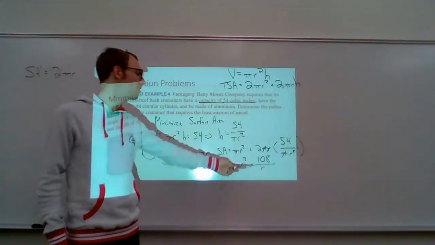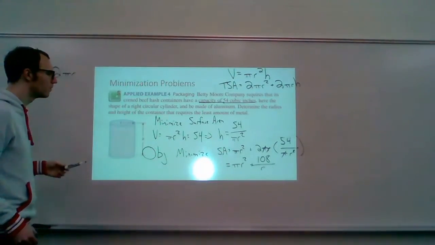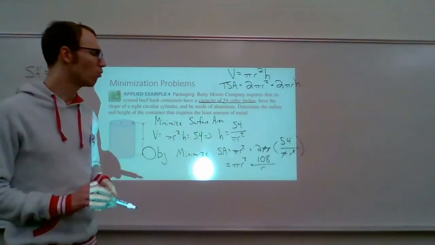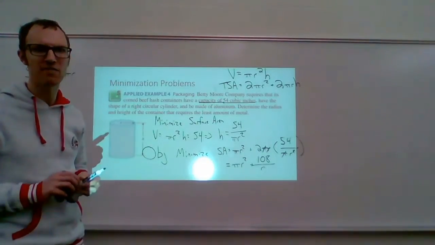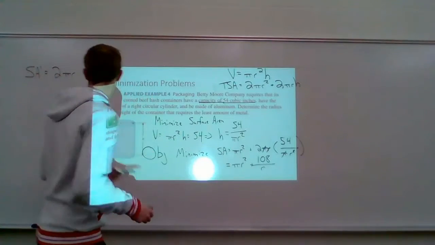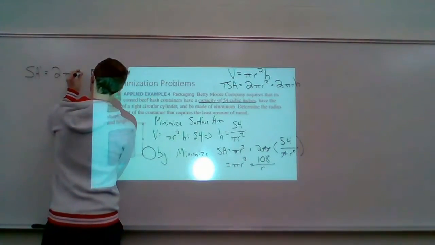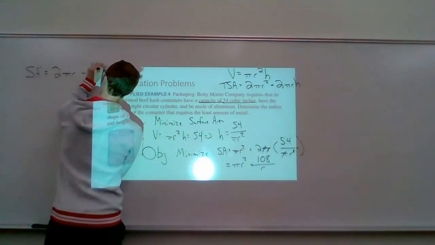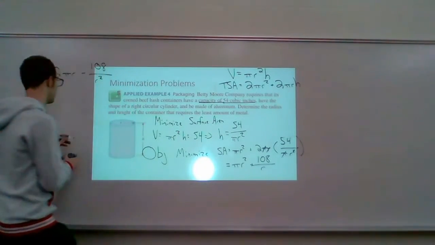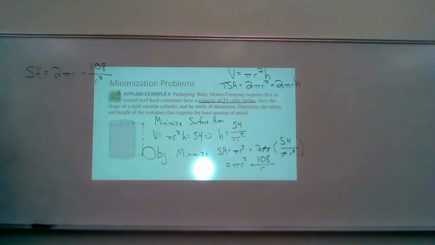Thinking of this as an r to the negative first power, the derivative of that would be negative 108 r to the negative second power, using the power rule here. So this will become minus 108 over r squared.